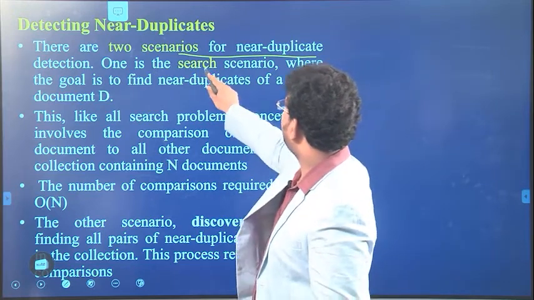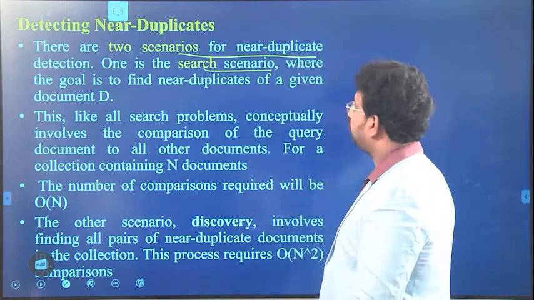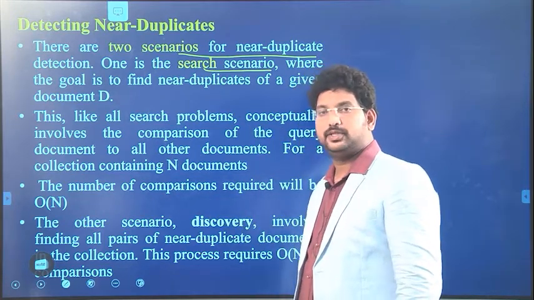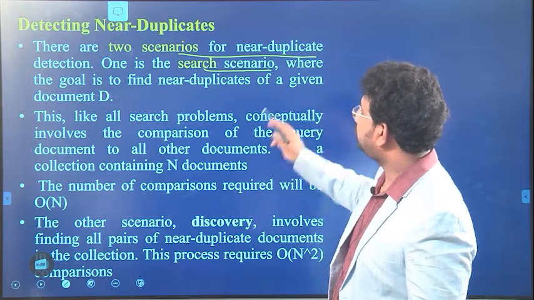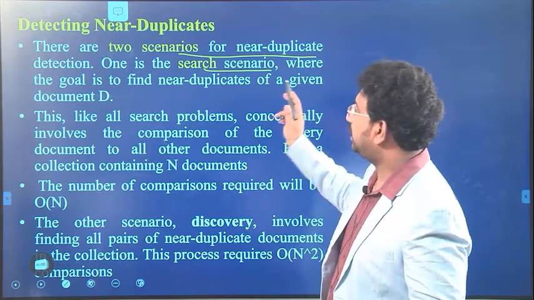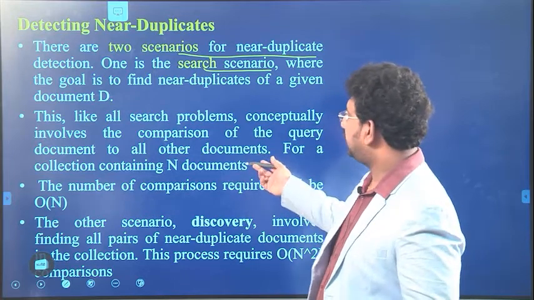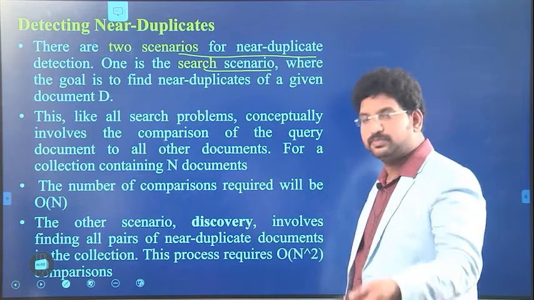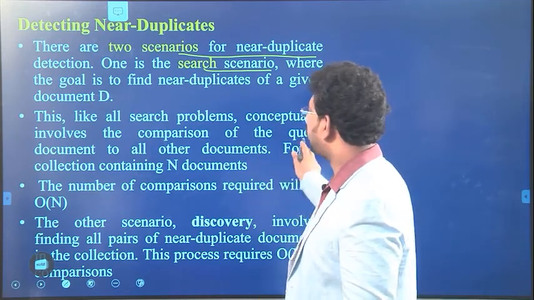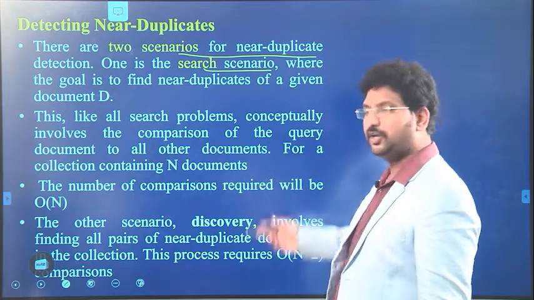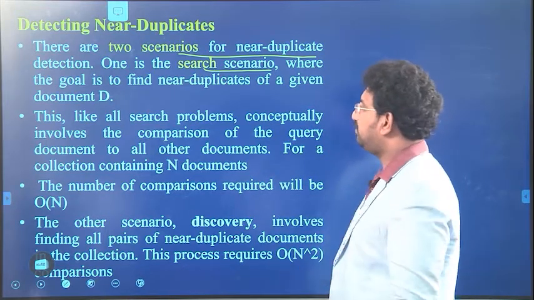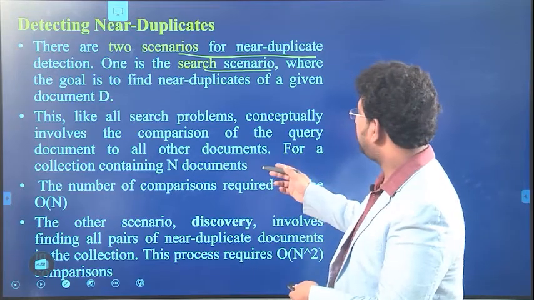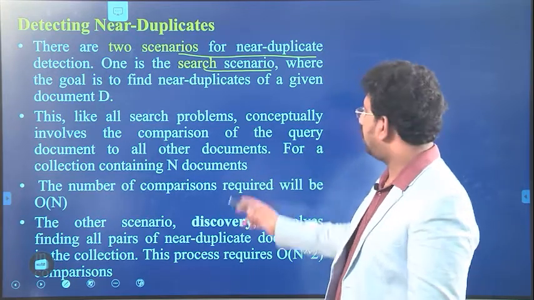One is the search scenario, where the goal is to find near duplicates of a given document D. This is like all search problems, conceptually involving the comparison of the query document to all other documents.